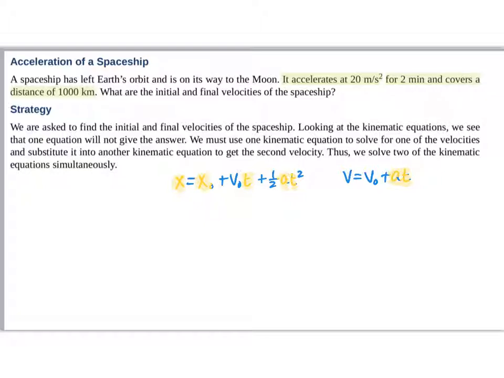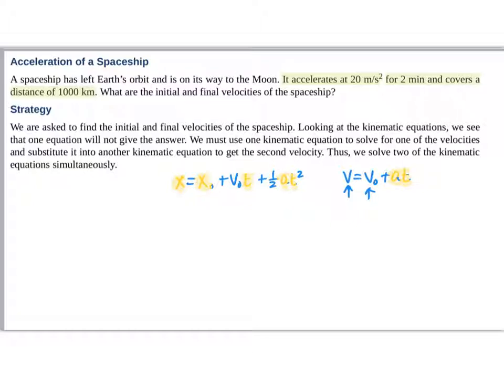But you can see that neither one of these equations on their own is going to allow us to solve the problem. But we can use them together because in the end, we have 2 unknowns that we're looking for, the initial velocity and the final velocity. So what I'm going to do is put in our known information.